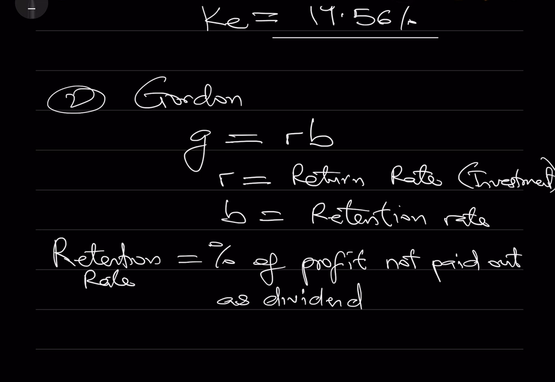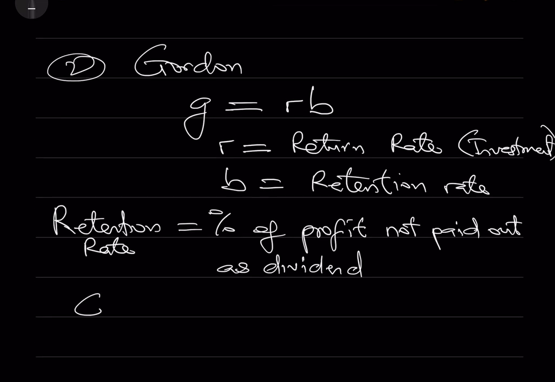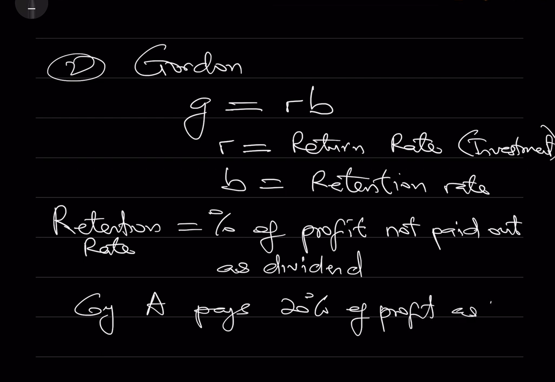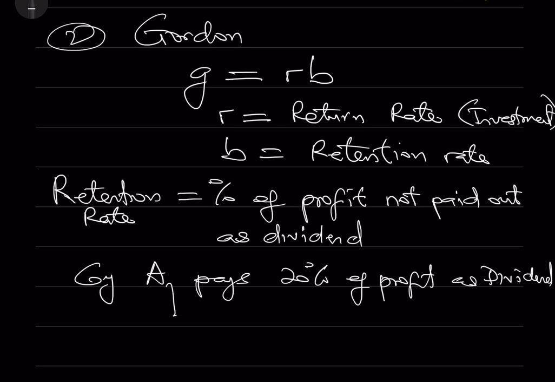So if company A pays 20% of profit as dividend, what would be the retention rate? If this is a 20% payout, then the retention rate for this company will be 80%, because if it pays out 20%, you'll be left with 80%. So the percentage that is not paid out is your retention rate.